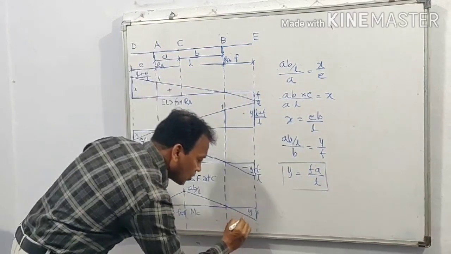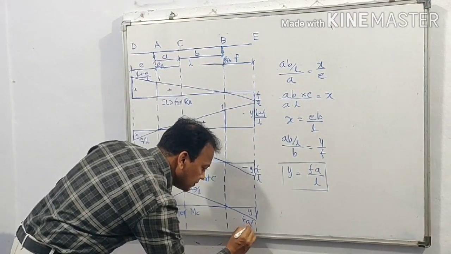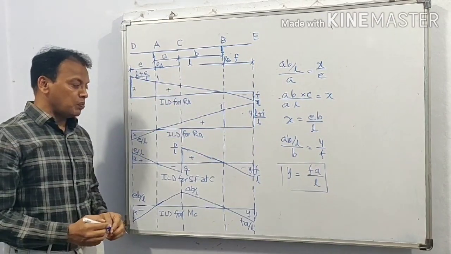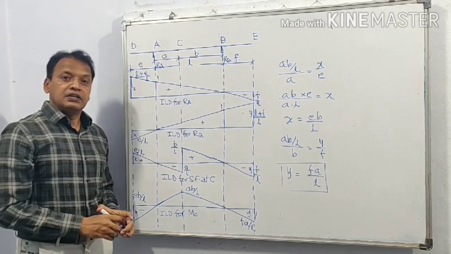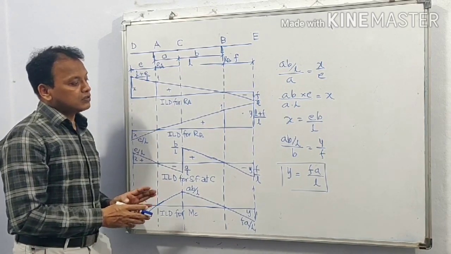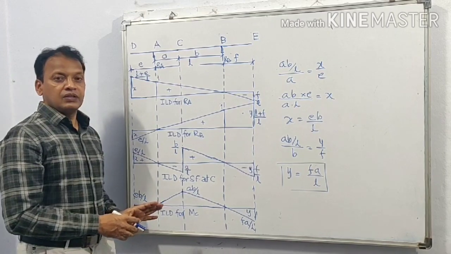So here the ordinate is FA upon L. You can verify whether the ordinates we have obtained here and the ordinates obtained in the earlier lecture are the same.